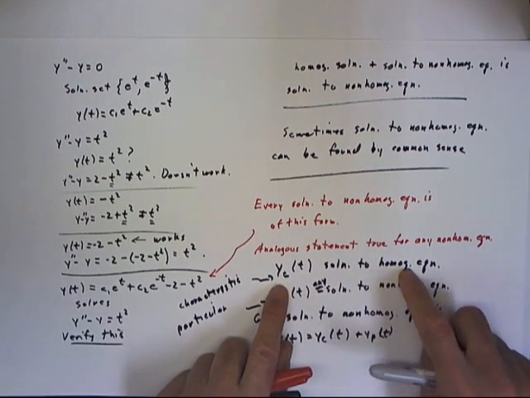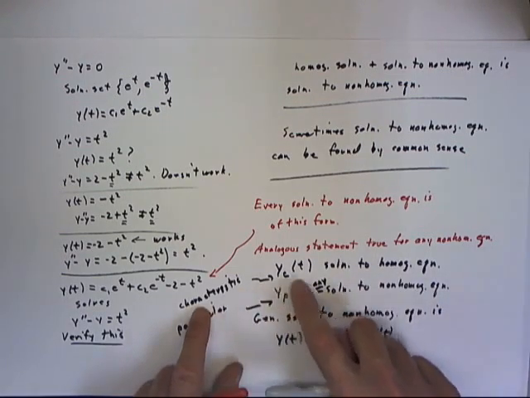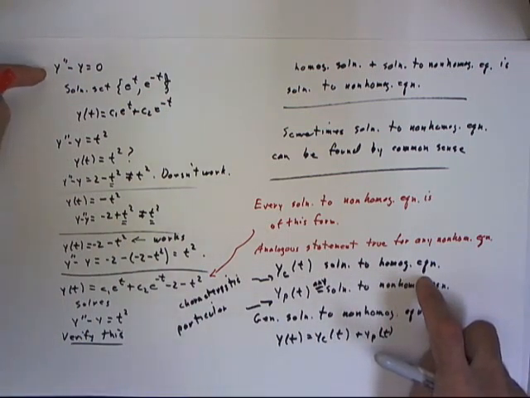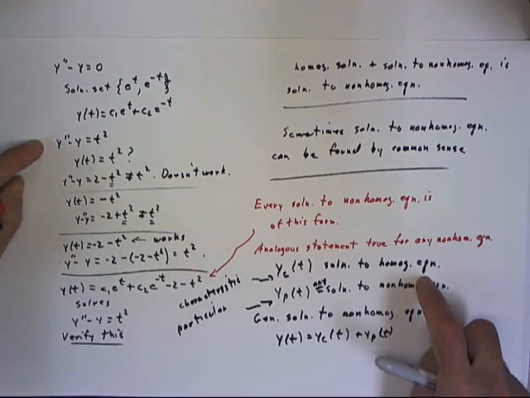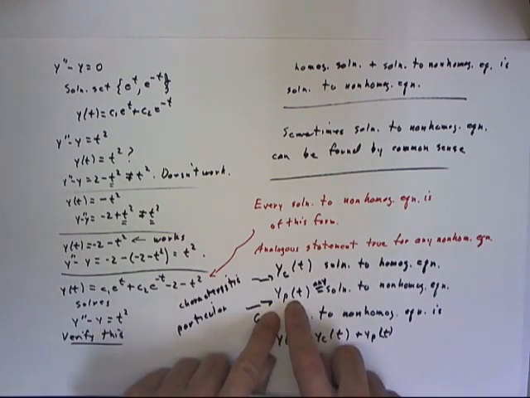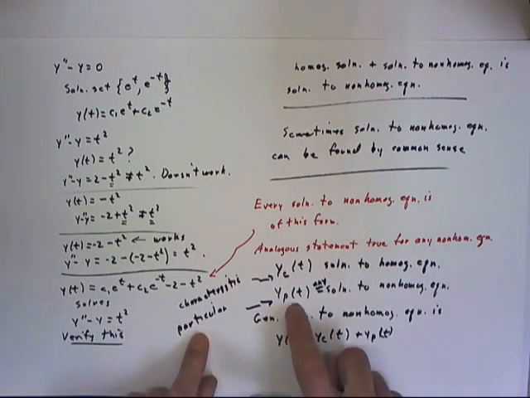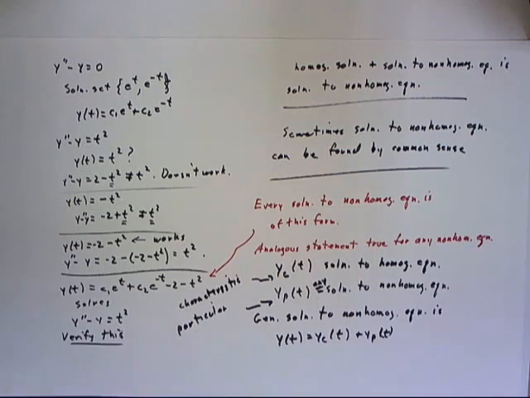We call the solution to the homogeneous equation the characteristic solution, and we call the homogeneous equation here the characteristic equation for the non-homogeneous equation. Okay? And y sub p is just any old solution to the non-homogeneous equation. We call that the particular solution.